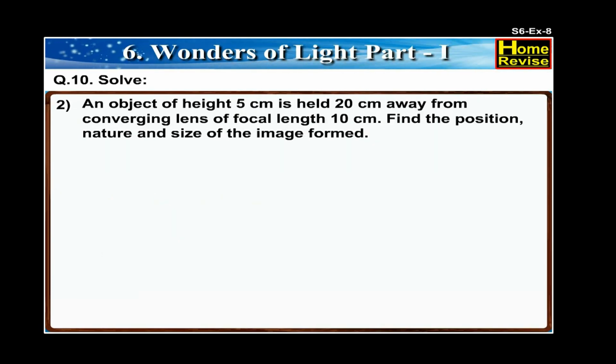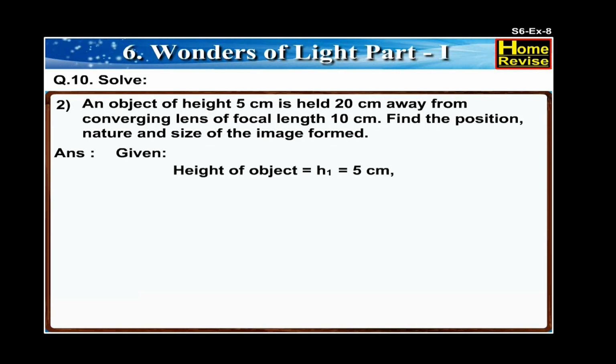2. An object of height 5 centimeters is held 20 centimeters away from converging lens of focal length 10 centimeters. Find the position, nature, and size of the image formed. Answer. It is given height of object H1 is equal to 5 centimeters.